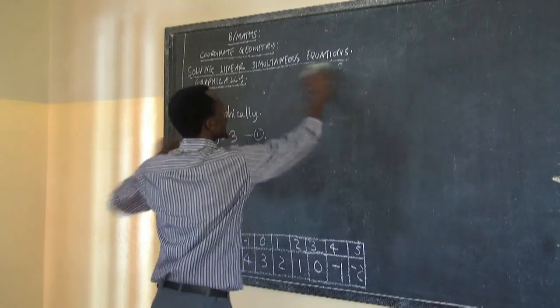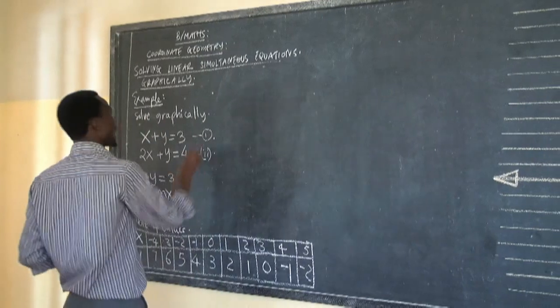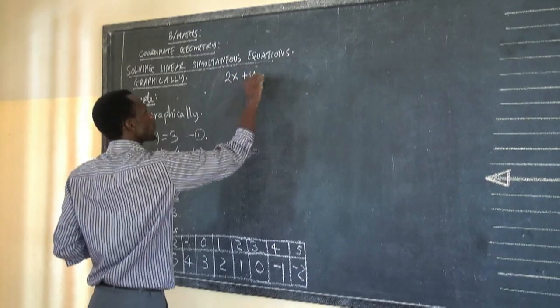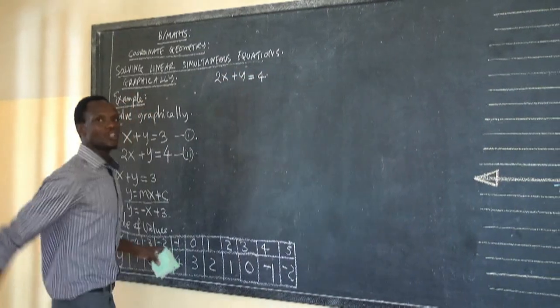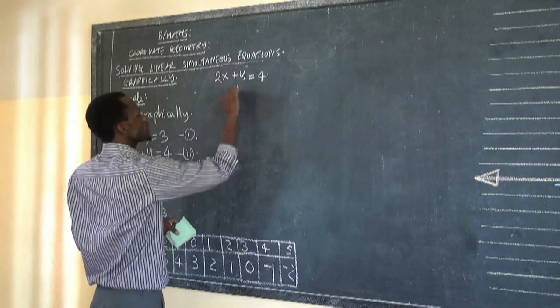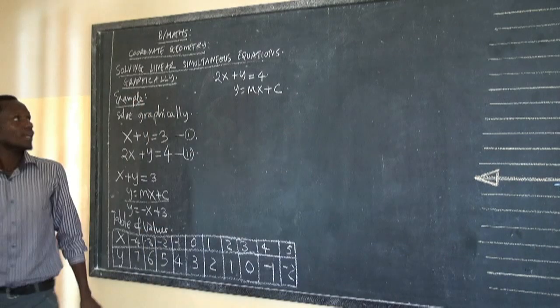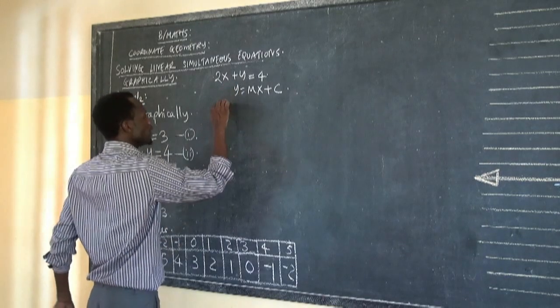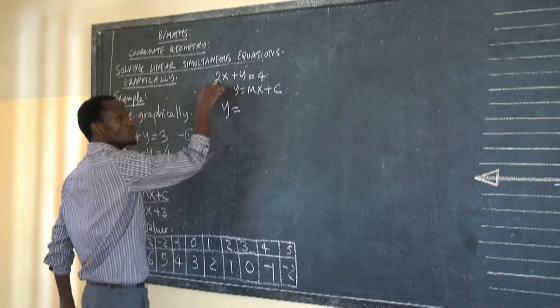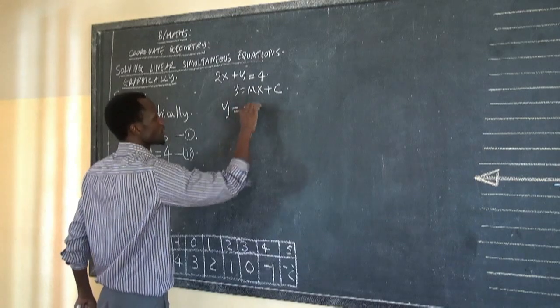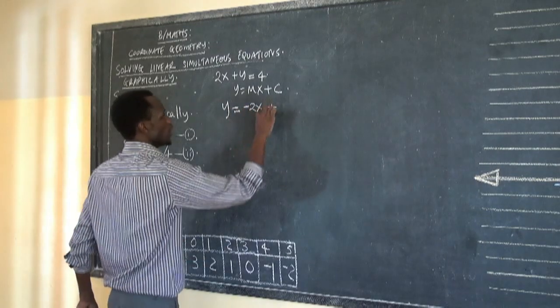Now let us see the second equation. The second equation is 2x plus y is equal to 4. You write your equation in the form y is equal to mx plus c. Then this is y, and this 2x, taken to the other side, becomes negative 2x, then plus 4.